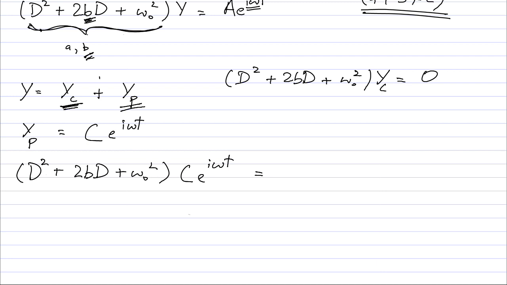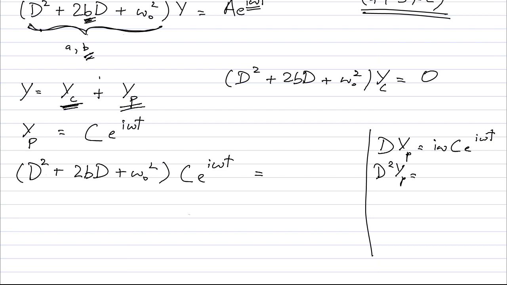So D acting on YP gives you i omega C e raised to power i omega t. D squared acting on YP gives you another factor of i omega, which gives you minus omega squared C e raised to power i omega t.